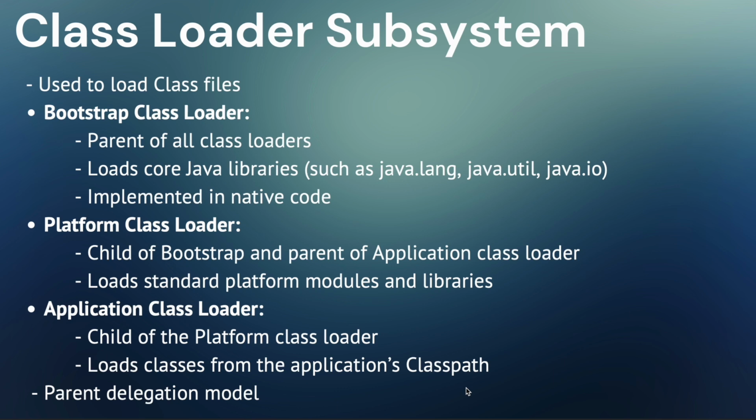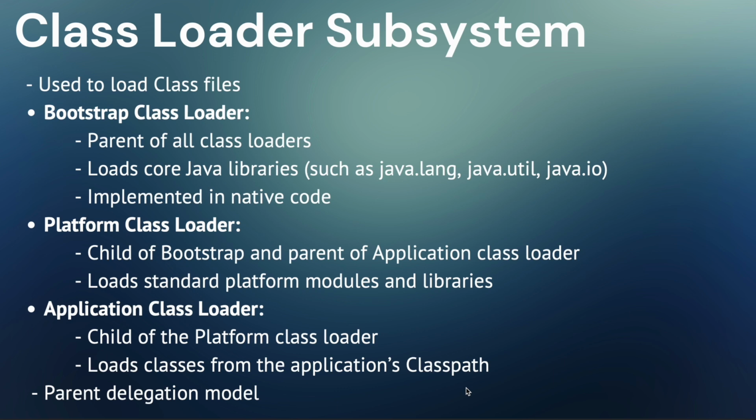The JVM uses three built-in class loaders to load classes. The first one is the Bootstrap class loader. It has the highest priority and loads the core Java libraries such as java.lang, java.util, and other fundamental classes that every Java application depends on. Next is the platform class loader. It loads the standard platform libraries provided by Java.